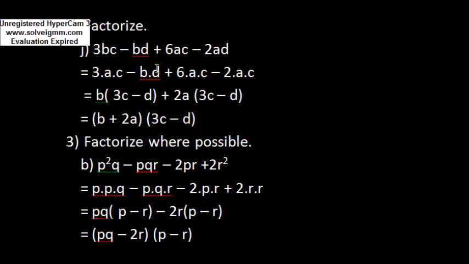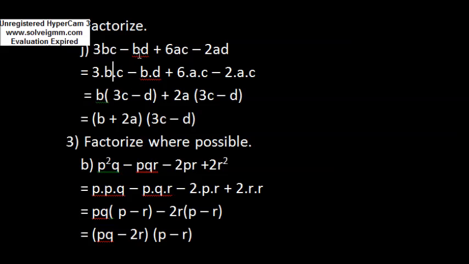For example, you will divide your question in two portions. Your first term and second term. You will compare only the first term and second term for taking a common factor. And then you will take out a common factor from the third and fourth term also. For example, 3bc minus bd.